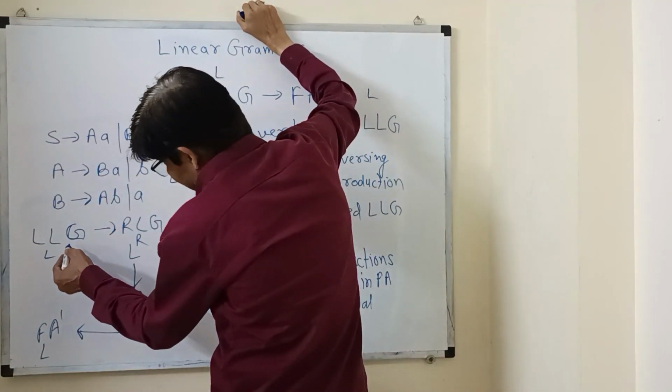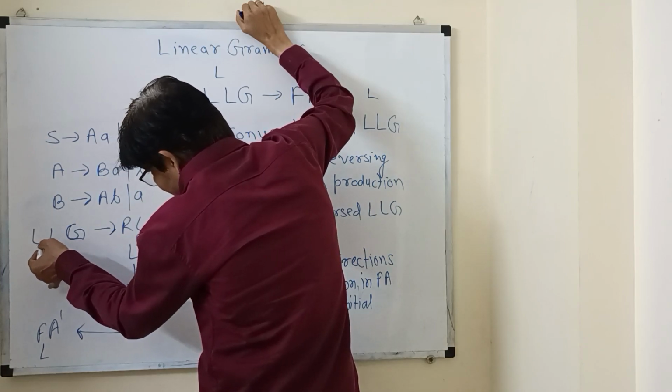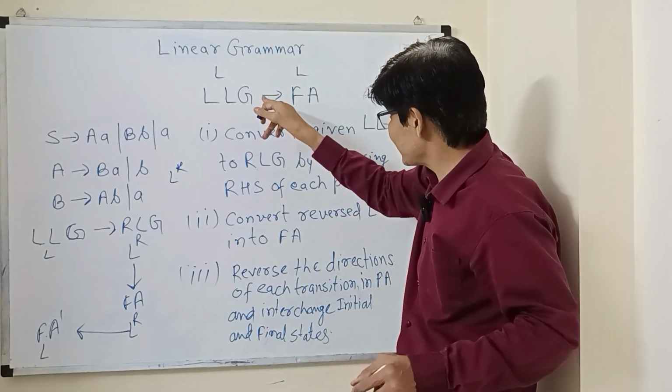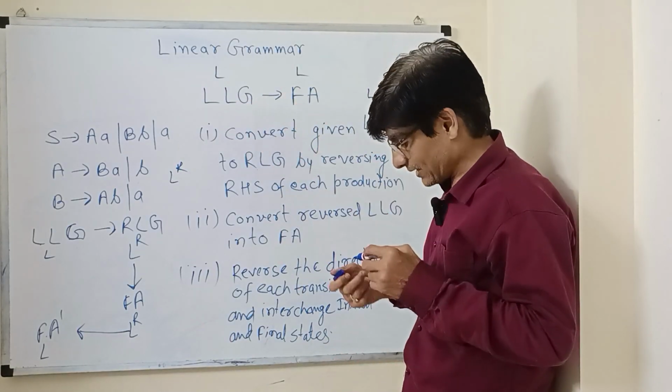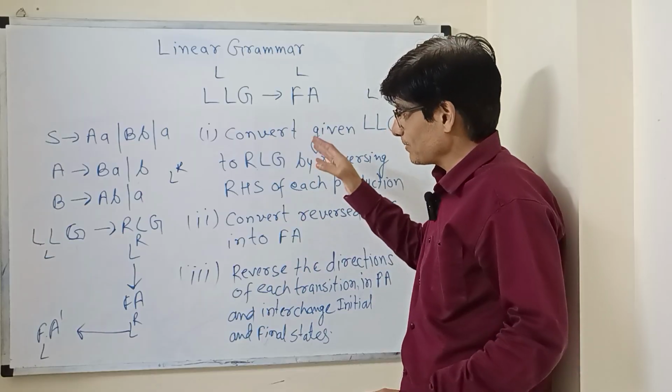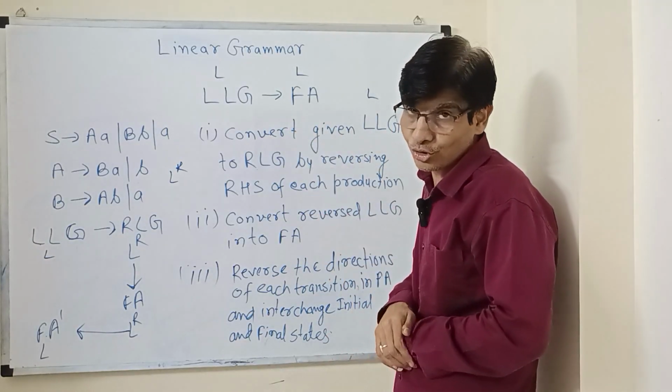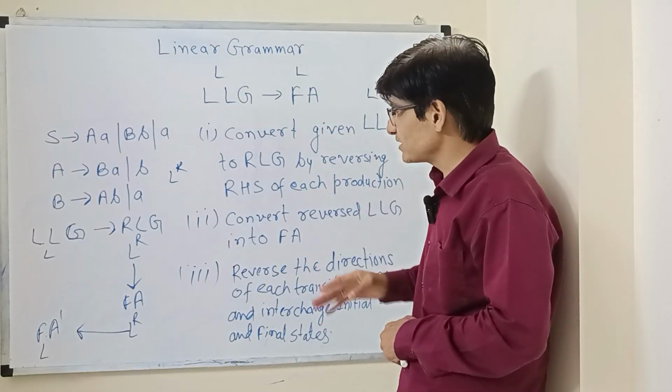So now you can see you have converted LLG into FA. This is the process of converting any left linear grammar into finite automata. I hope it is very clear.